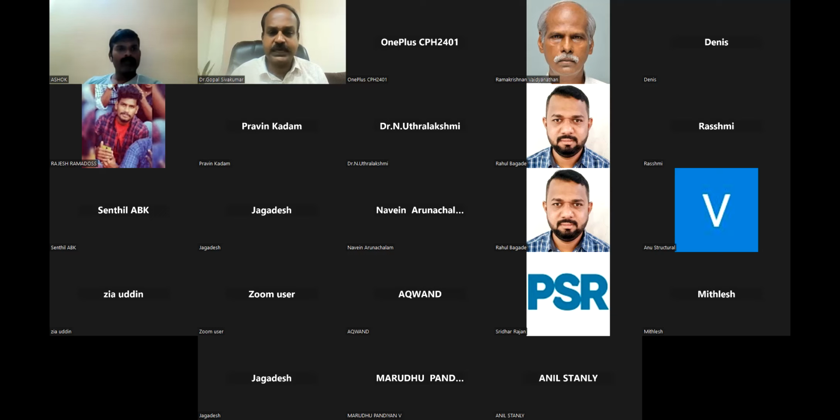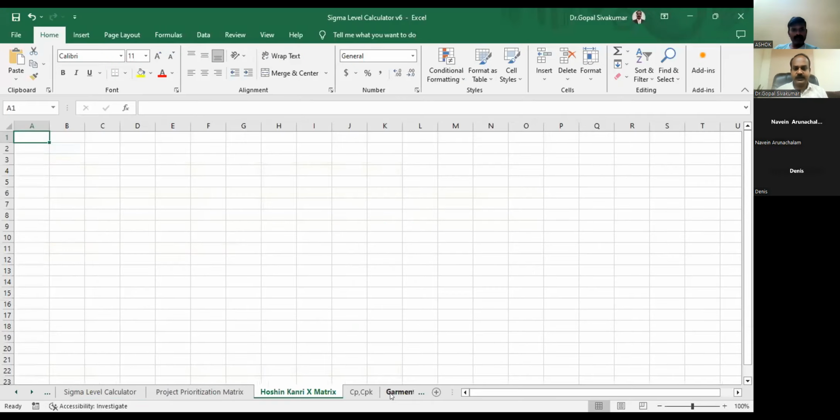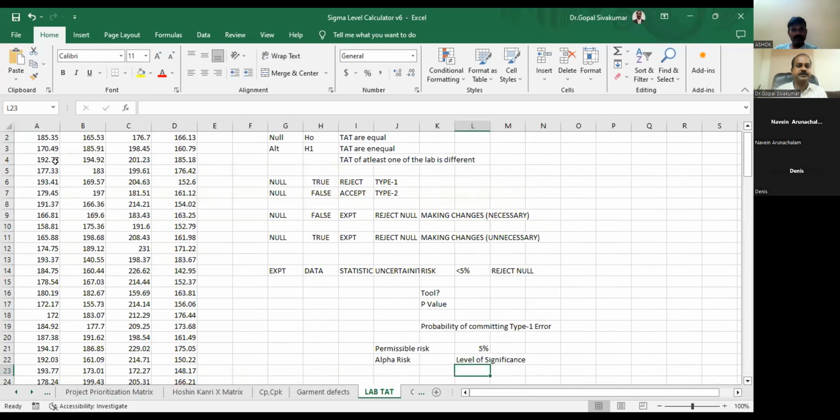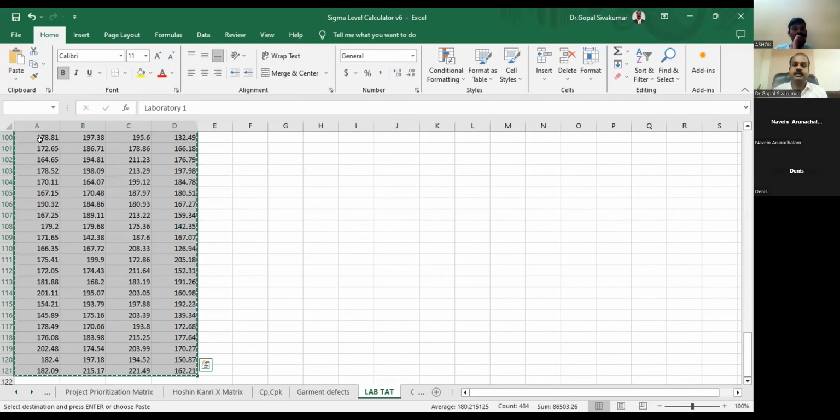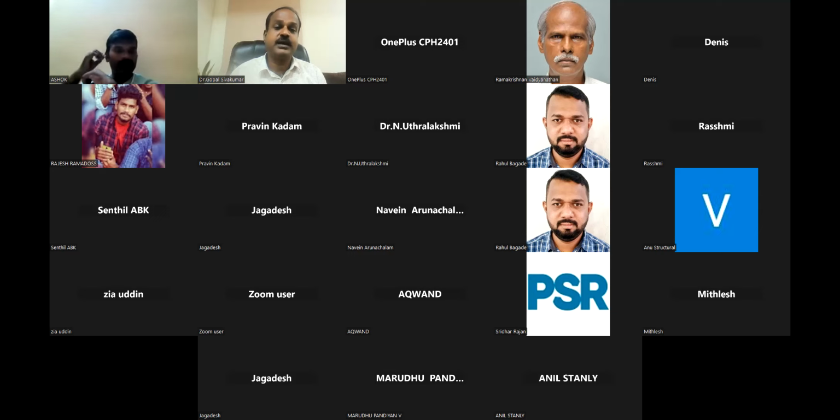So I'm sharing the Excel file to capture the data. The file they mentioned is turnaround time. So I need to look for the turnaround time. It's here. So I just have to copy all the data. I've copied. And now I will take you to Minitab. RK has taught you how to do all of this in Excel itself, right?